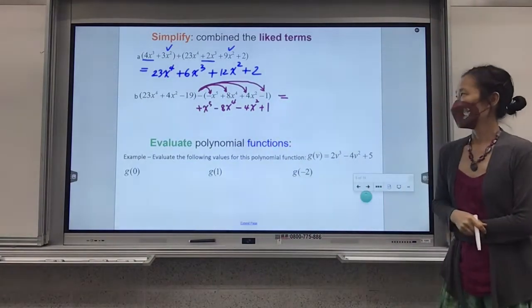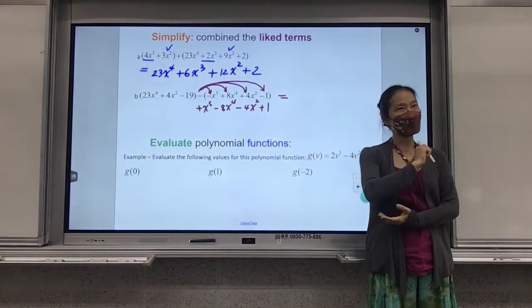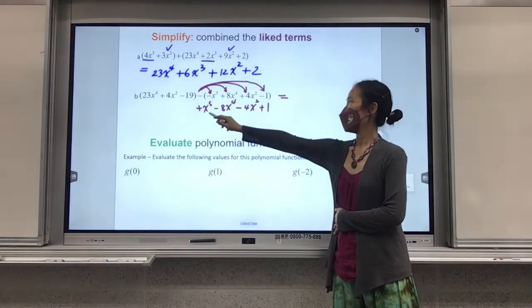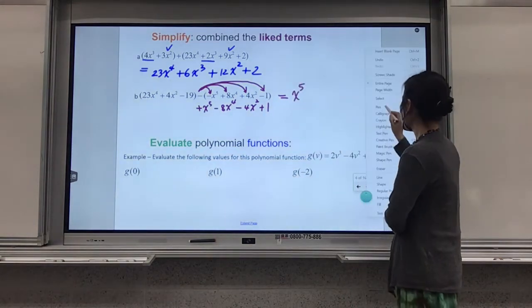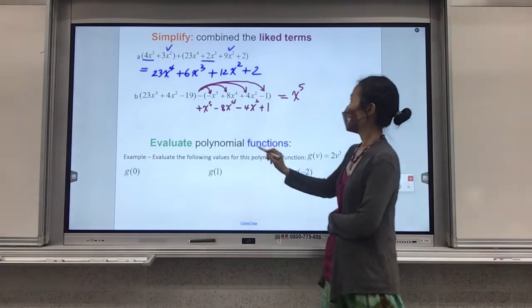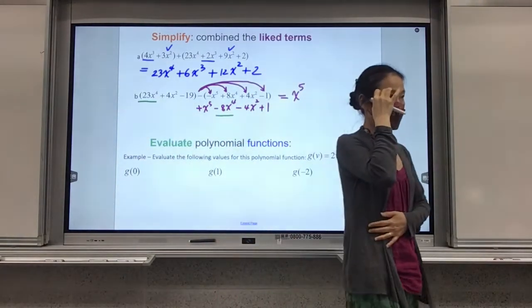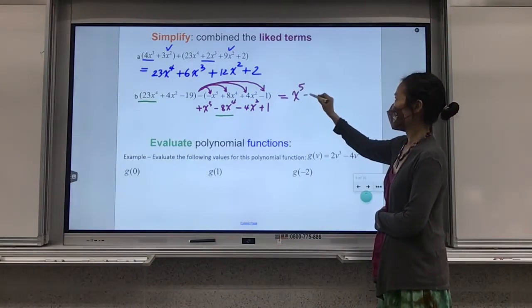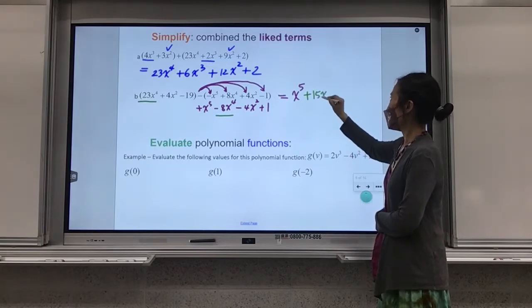Good. Now the standard form: which term is the leading term? Negative x... oh, x to the power 5. Now let's see. We have x to the power 4, and then combine those. 93 minus 8 is 15, x to the power 4.